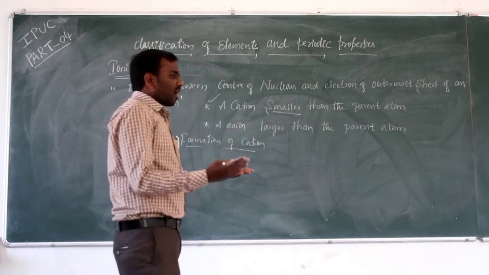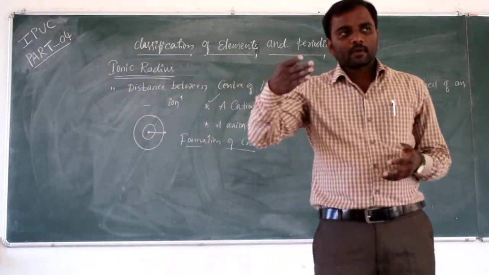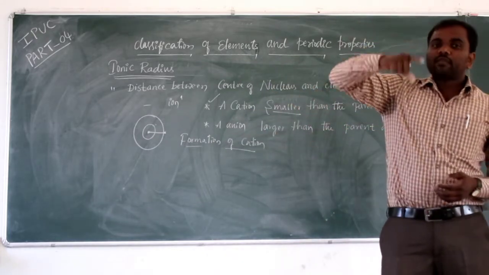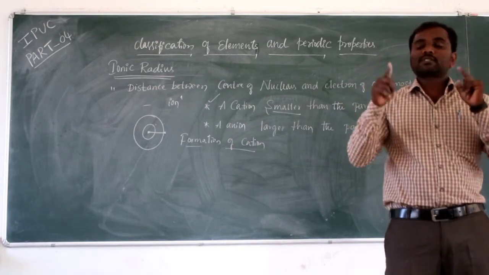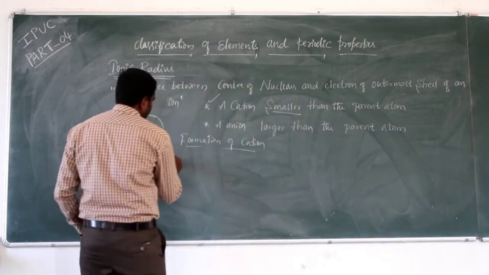See, already we know that a cation carries positive charge. How is it formed? The cation is formed by the removal of electron. That is called formation of cation, right?